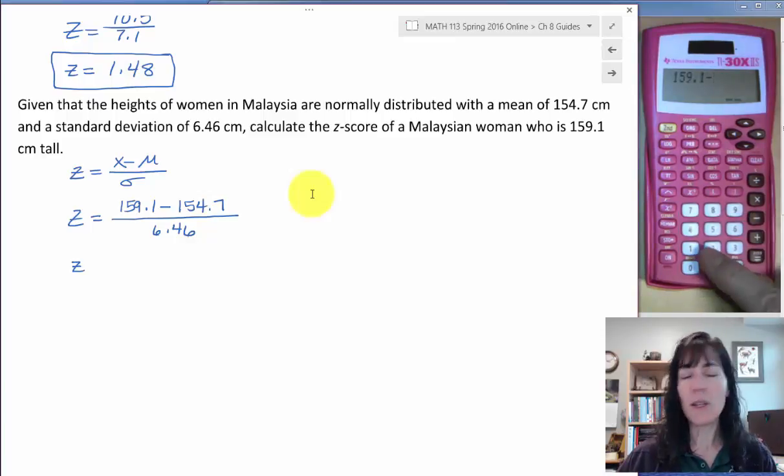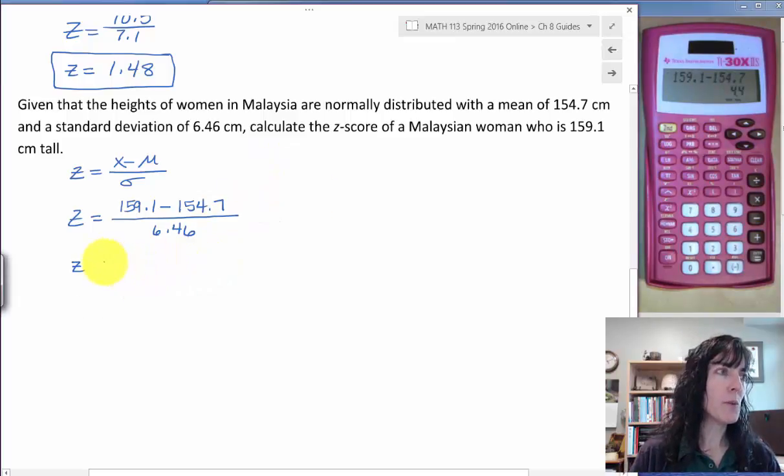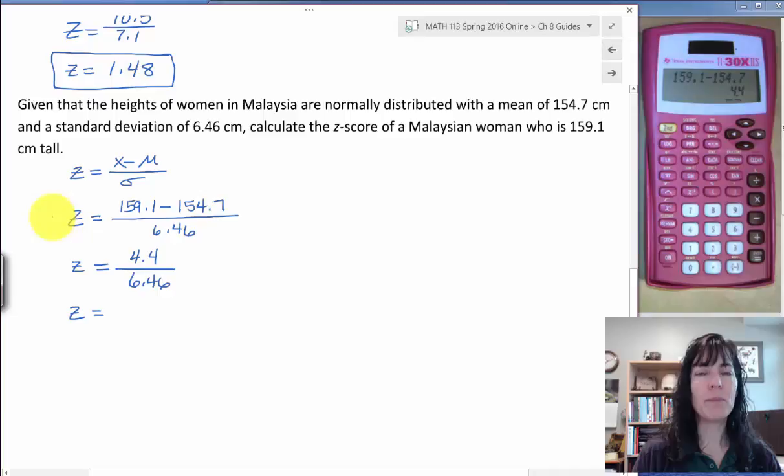159.1 minus 154.7 equals, and I get 4.4, so I'm going to leave it sitting on my calculator just because it saves me time, and then I can write it down. If you prefer, you can write it down, but really I want to see this line and your final z line.